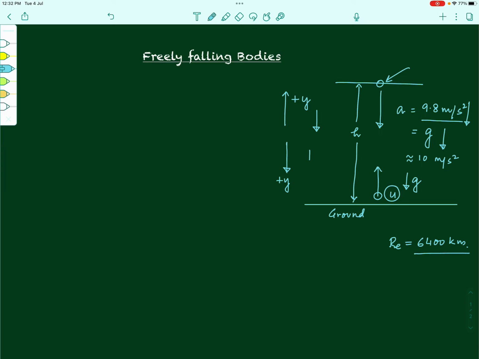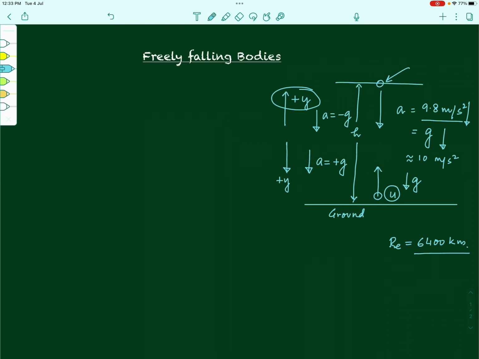In that case, because the acceleration is acting in the positive direction itself, we will take it as positive. So here a will be minus g, and if we take downward as positive, then a will be plus g. It depends, and once we have chosen the positive direction, accordingly we take the value of acceleration, positive or negative.